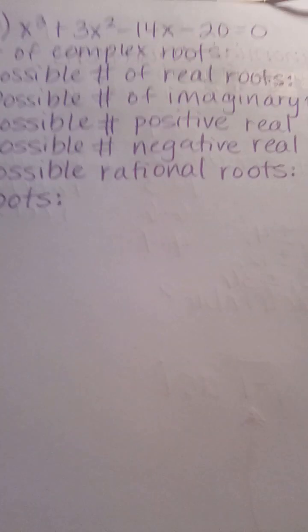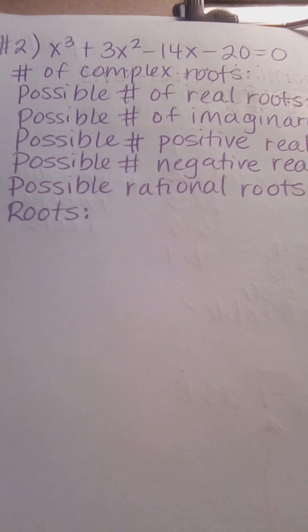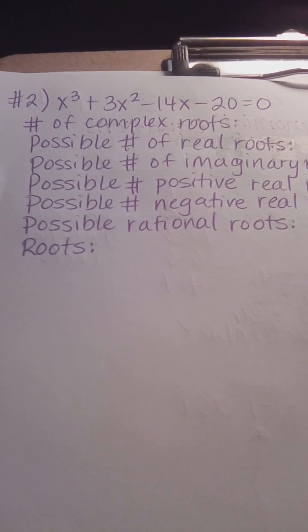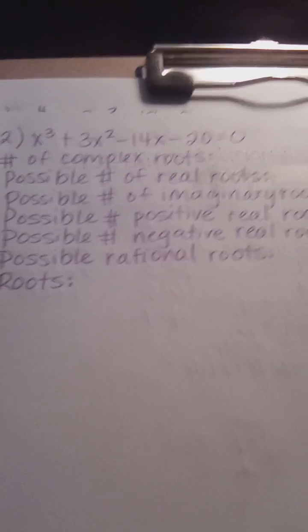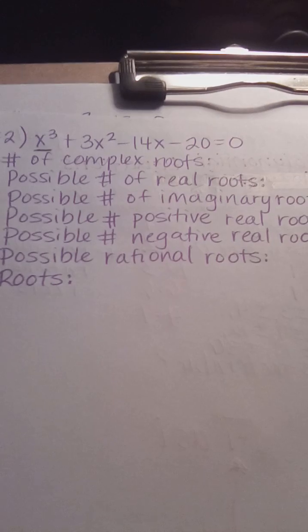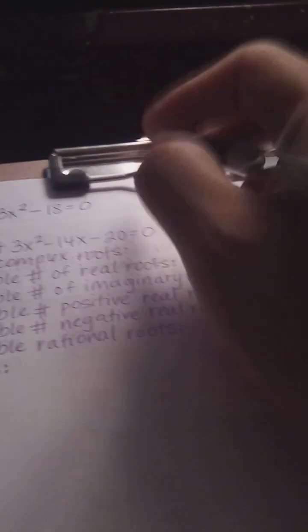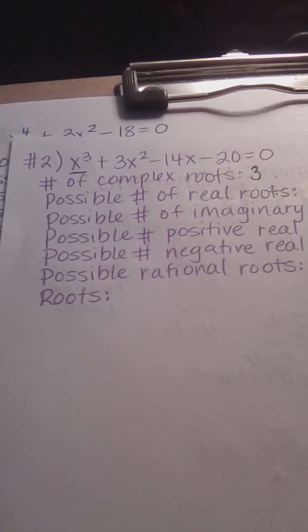Number 2, we have x cubed plus 3x squared minus 14x minus 20 equals 0. All right. Let's do the first one. Number of complex roots. Remember, which term do we look at? First term, right? And what's the number on the exponent? 3. That's our magic number. 3 is the complex roots number.